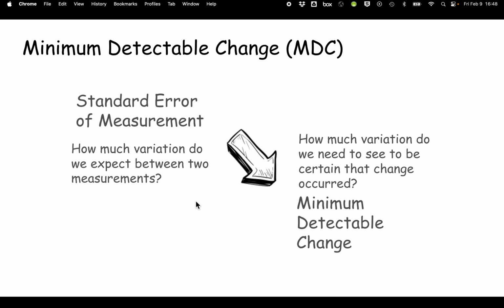From that natural variation, that's the standard error of measurement, we can calculate the minimum detectable change. The minimum detectable change is how much variation we need to see before we're sure that the change is real.